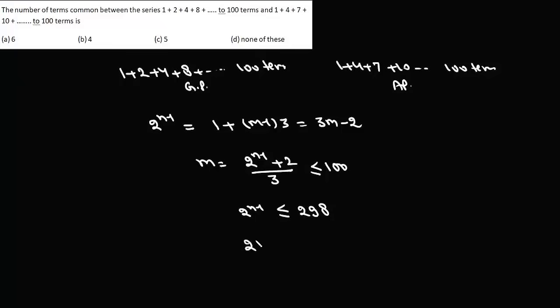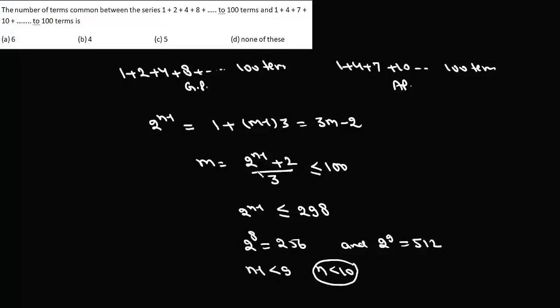Now we know that 2 to the power 8 is 256 and 2 to the power 9 is 512. So that means this n minus 1 should be less than 9, or the value of n should be less than 10. So the highest value of n is 10.